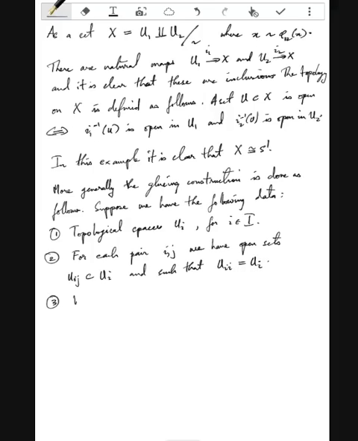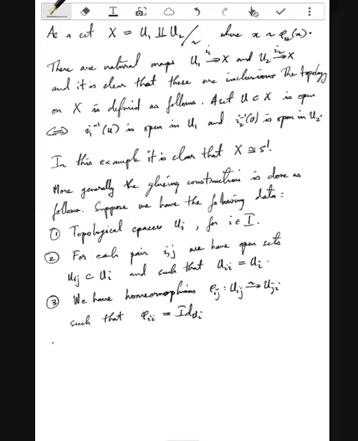Three, we have homeomorphisms phi ij from Uij to Uji such that phi ii is equal to identity of Ui.